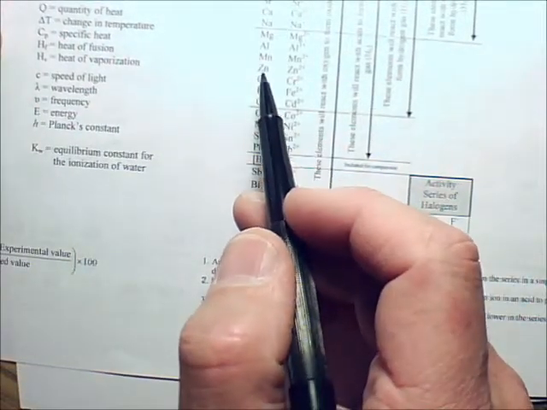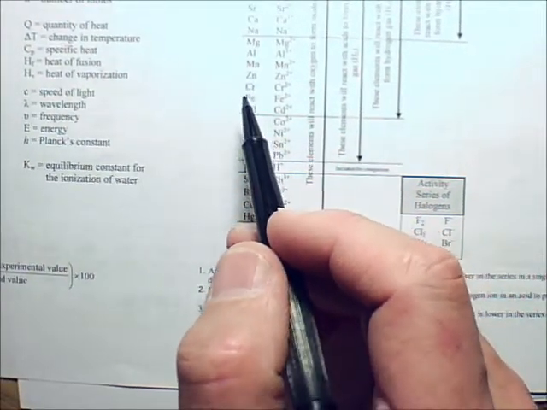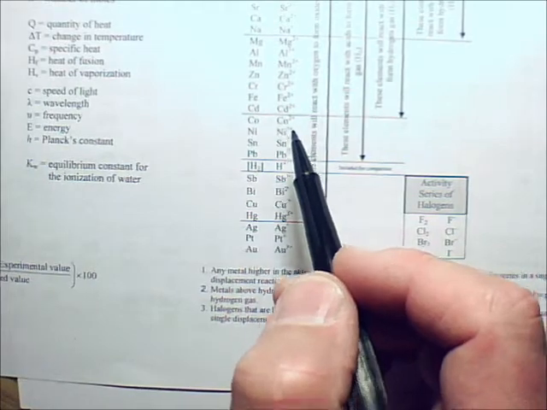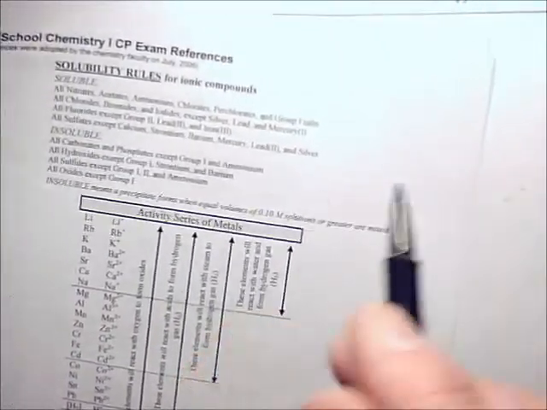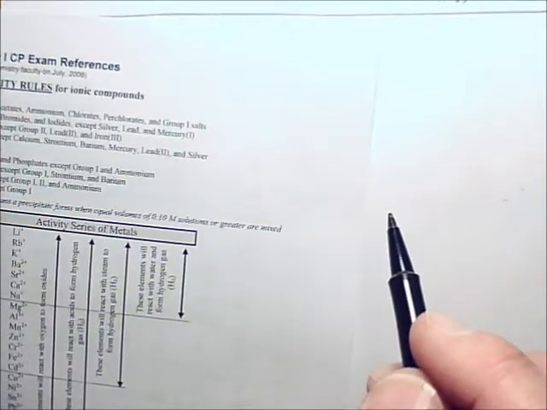All right. Now, you also have to know, if you have a single replacement reaction and the metal that's by itself is not higher than the metal in the compound, then you're going to simply write NR for no reaction.